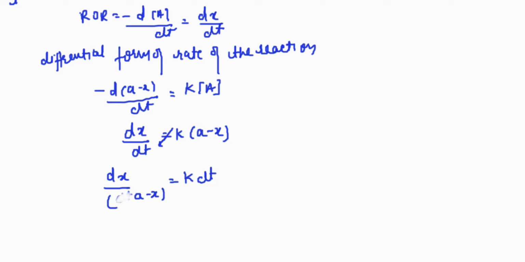Now if we start integrating that, we will get minus ln(a minus x) equals kt plus c. Ln(a minus x) equals minus kt plus c.